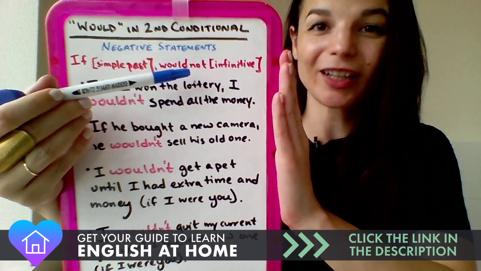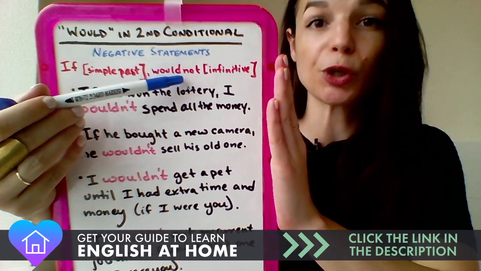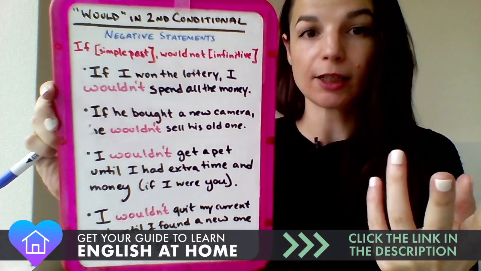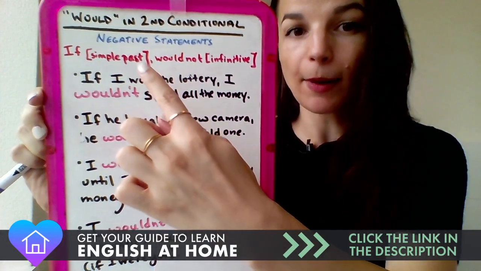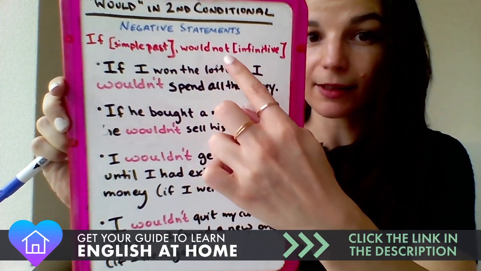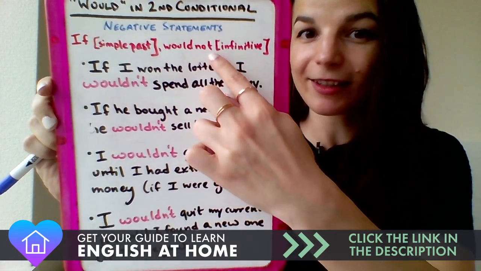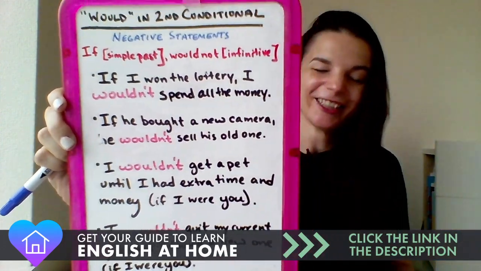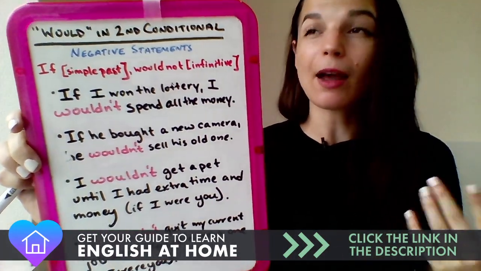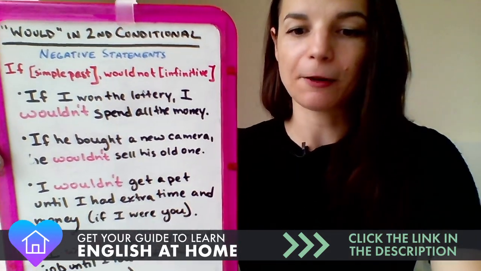So most naturally, wouldn't, the reduced form. Would and not together makes wouldn't. So if, simple past, would not, infinitive. Okay, so this is the only change. We have just this little baby change. So let's practice negative statements and let's look at what they mean, what they're saying here.